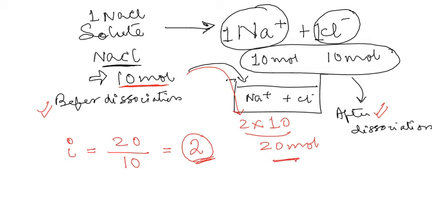Whatever the case, if the van 't Hoff factor is 2, the concentration would increase by 2 times, and if the van 't Hoff factor is 3, then after adding them in the solvent their concentration would increase by 3 times, and if it is 10, then it would increase by 10 times, like that.